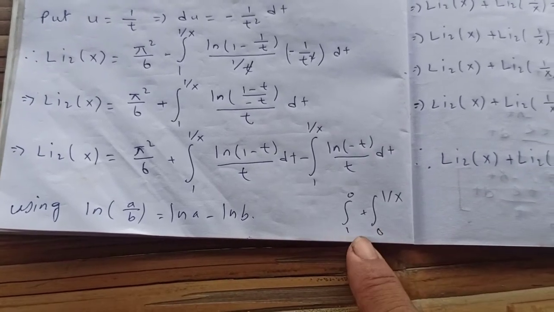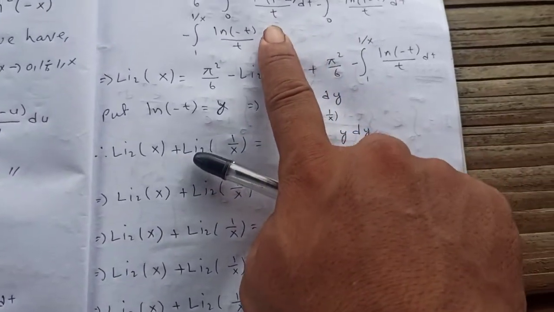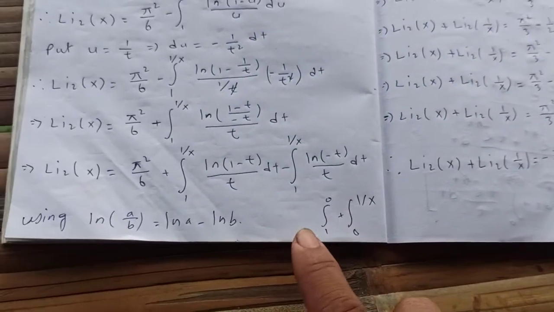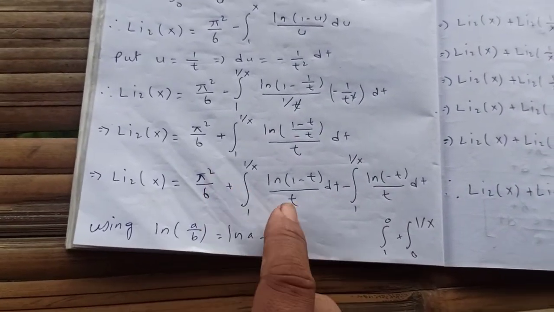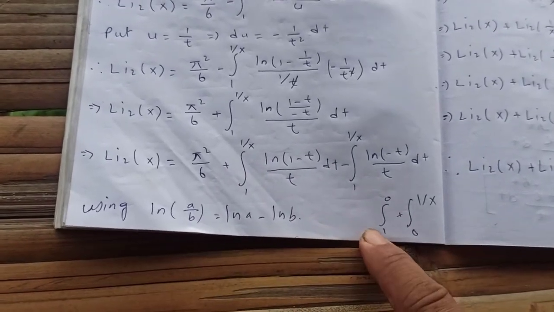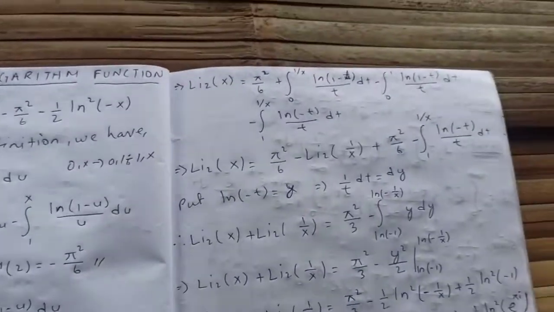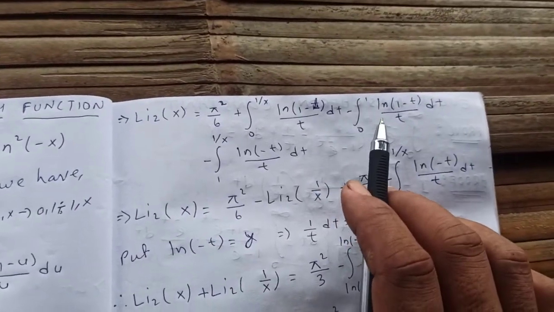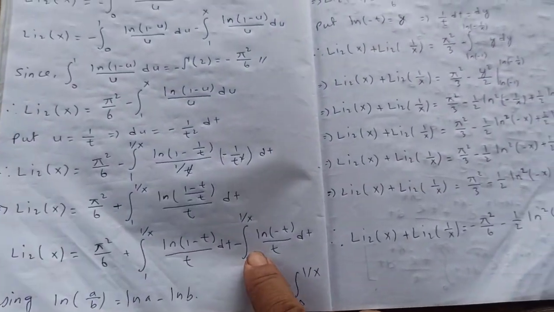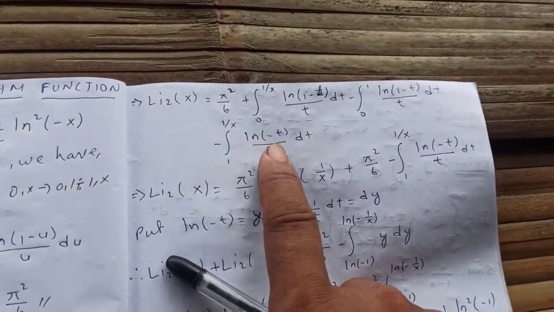So this 0 to 1 over x is already here: 0 to 1 over x of log of 1 minus t upon t dt. And this one, from 1 to 0, is positive, right? I'm interchanging the upper and lower limits, so a negative 1 will be there. So negative the integral from 0 to 1 of log of 1 minus t upon t dt, minus, this is the same thing, keep it here, the integral from 1 to 1 over x of log of negative t upon t dt.